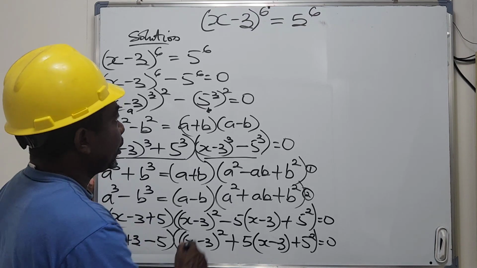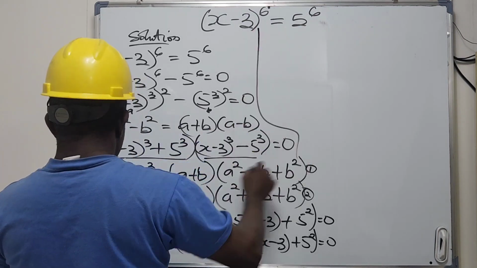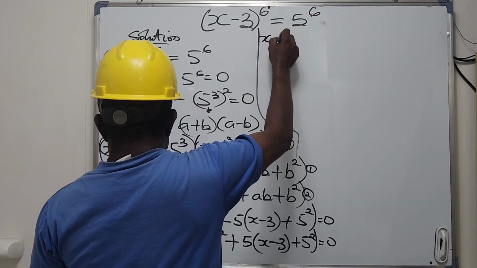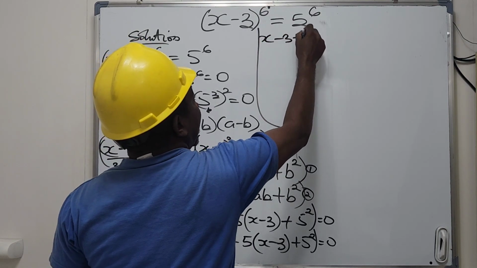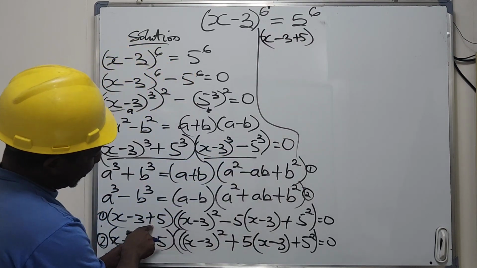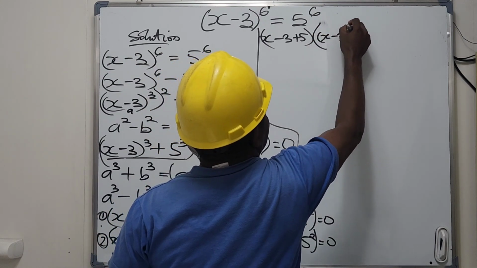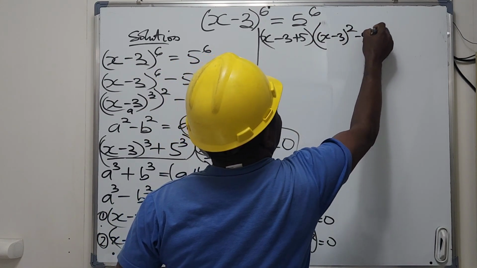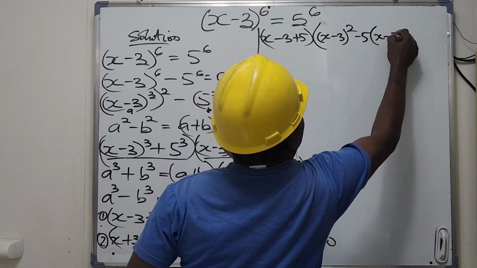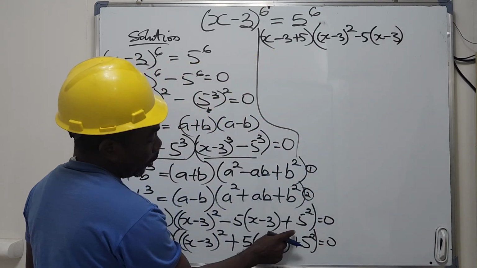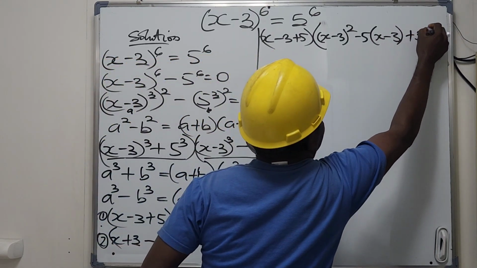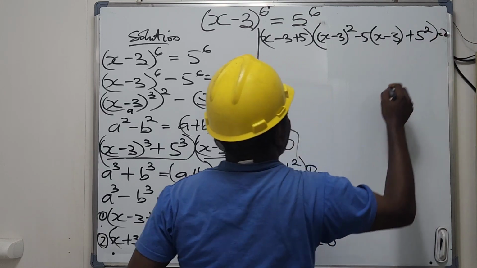So we take this one first. For that one we have (x − 3 + 5) for the first parenthesis. The second parenthesis, we have (x − 3)^2 minus 5 into (x − 3) plus 5^2, all equals 0.